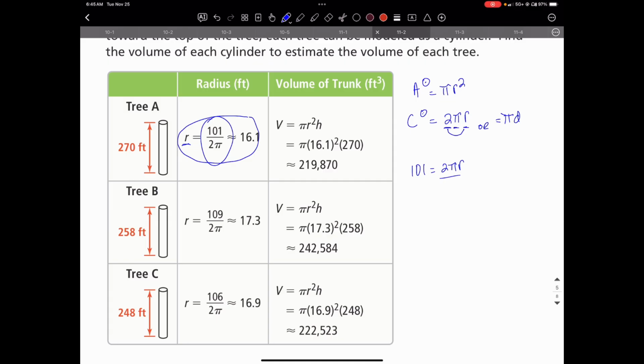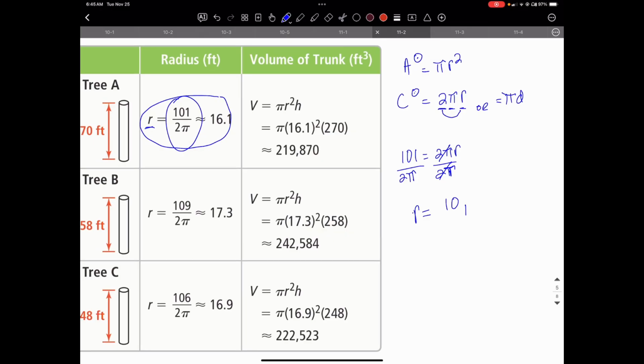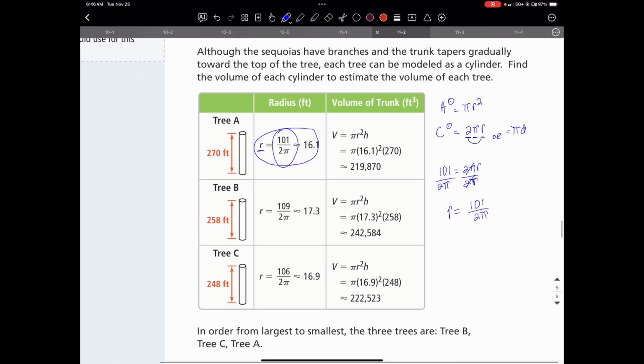Then we're going to divide both sides by 2 pi. So those cancel out, and our radius is equal to 101 over 2 pi. Okay? So that's where that comes from. Just trying to find the radius.